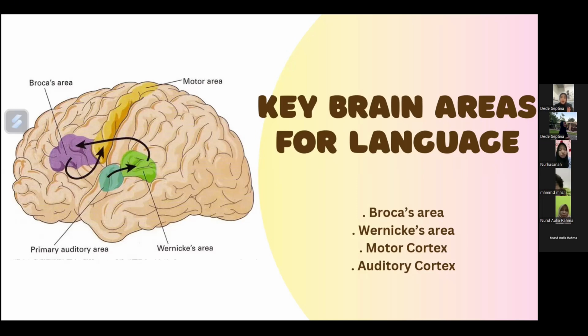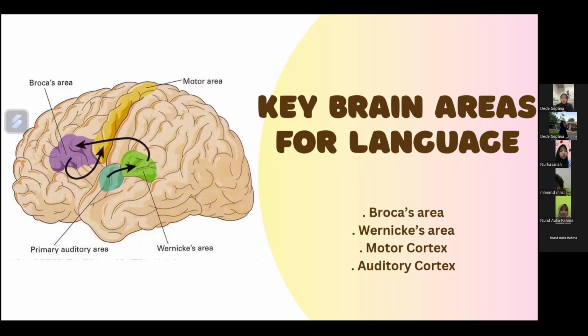And the third one, we have other important areas. The first one is the motor cortex. It controls muscles in the mouth, lips, and vocal cords for speech. The second one is the auditory cortex, which processes sound and helps us recognize different speech sounds. And the third one is the subcortical areas.